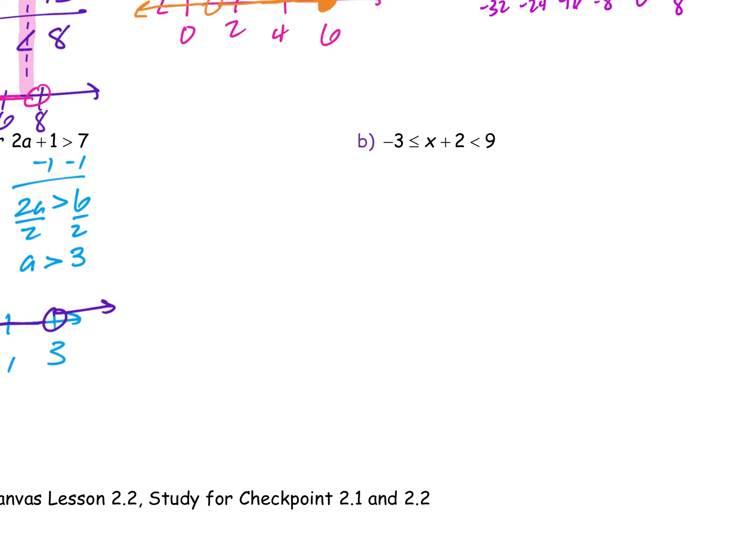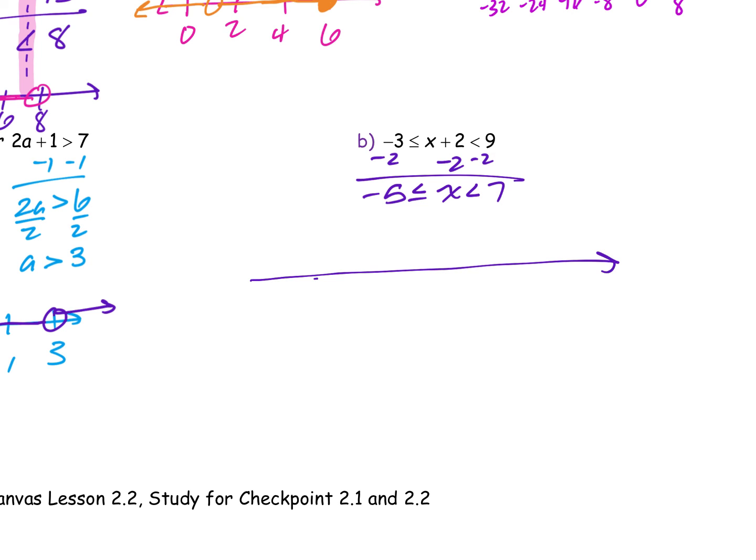Okay, and then on B, subtract 2, and you get negative 5 is less than or equal to x, which is less than 7. Negative 5, negative 3, negative 1, 1, 3, 5, 7.